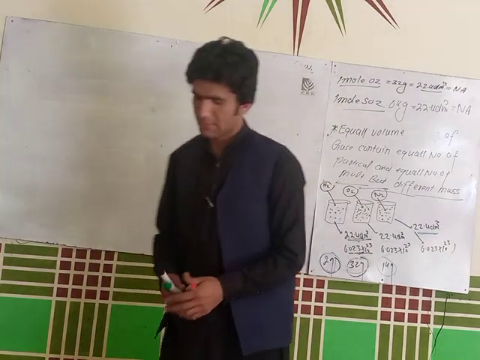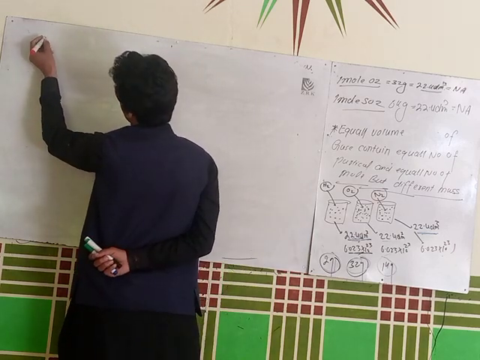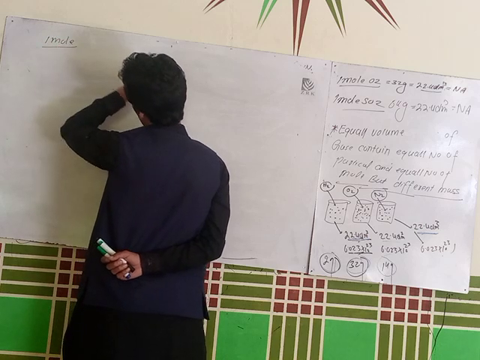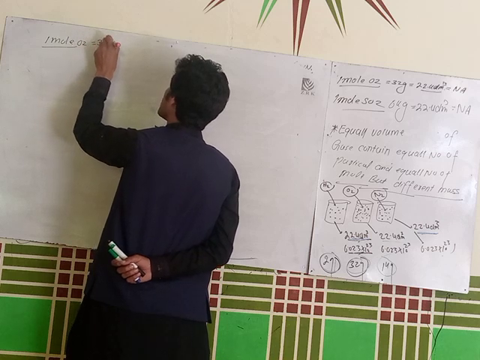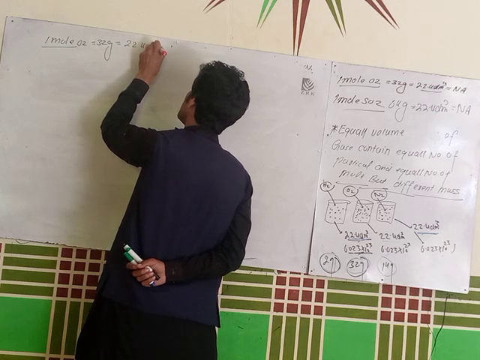Let's look at the next example, again the one I have already mentioned. 1 mole of oxygen contains 32 gram, and 32 gram occupy 22.4 decimeter cube volume.